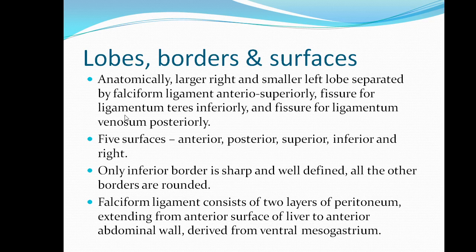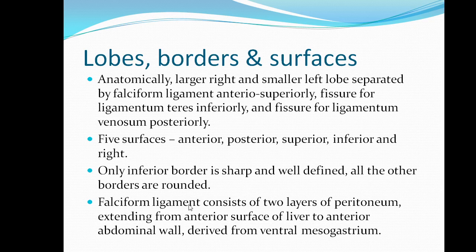The fissure for the ligamentum teres lies inferiorly, and the fissure for the ligamentum venosum lies posteriorly, and this separates the right and the left lobe anatomically. The liver has five surfaces: anterior, posterior, superior, inferior, and right. It is only the inferior border which is sharp and well defined. All the other borders are rounded.